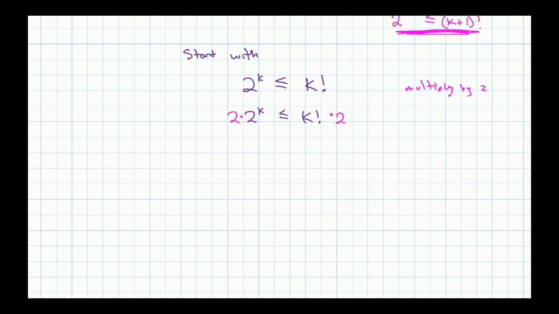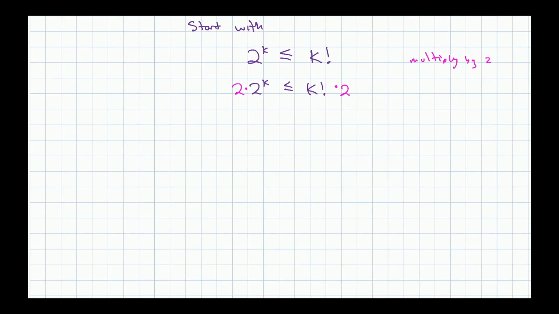Okay, now then what you want to do is simplify a little bit. On the left-hand side, 2 times 2 to the k is going to be 2 to the k plus 1, right? That's how exponents work, because it's 2 to the 1 times 2 to the k, add the exponents. Now on the right, you have 2 times k factorial.